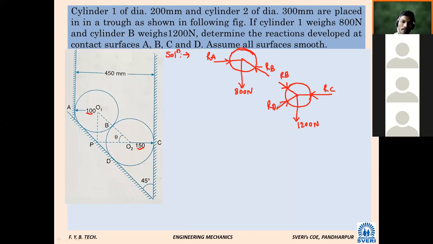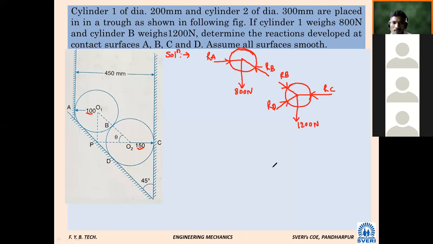Now we should find the angles. How many forces are acting in cylinder 1? 3. And in cylinder 2? 4 forces. Considering cylinder 1, do we know all the included angles?